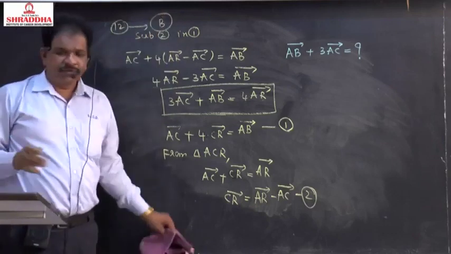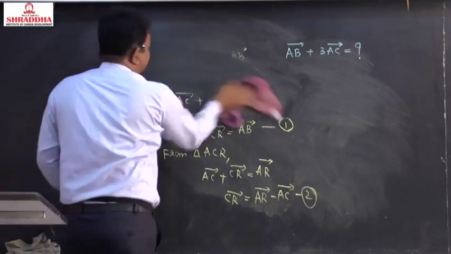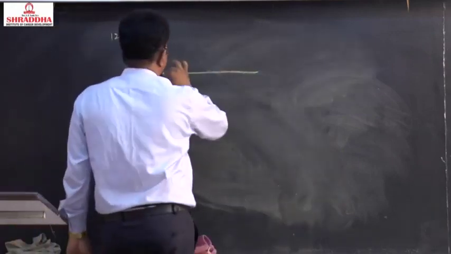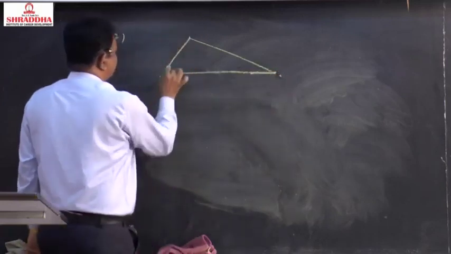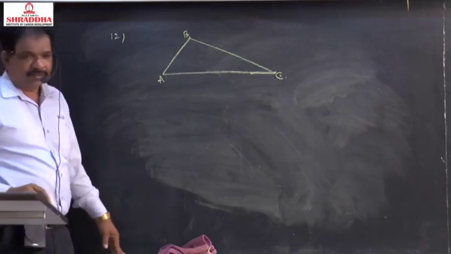Once again, simple question only, you see what we are discussing. 12th question, once again we will see. There is a triangle like this, ABC, yes, ABC.